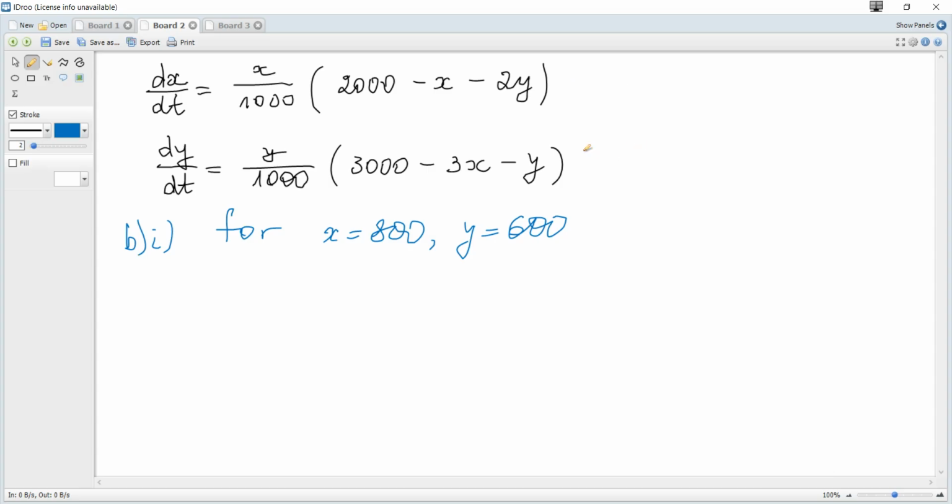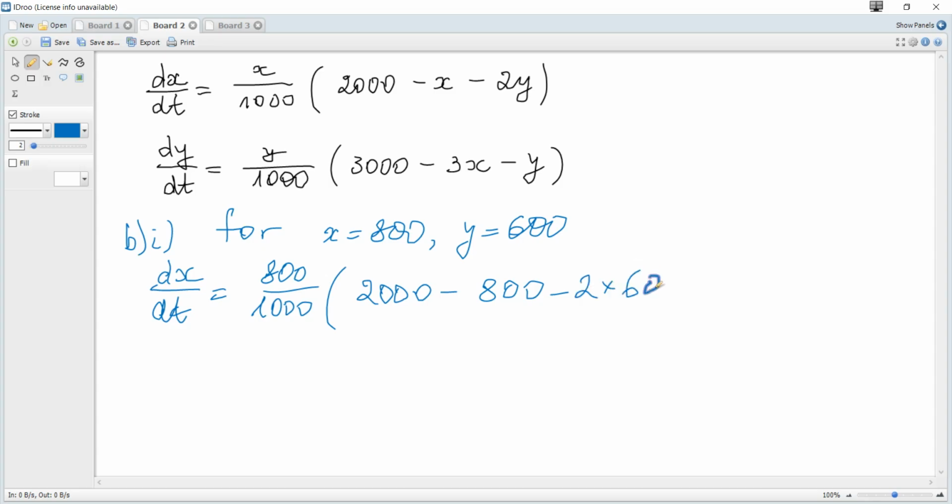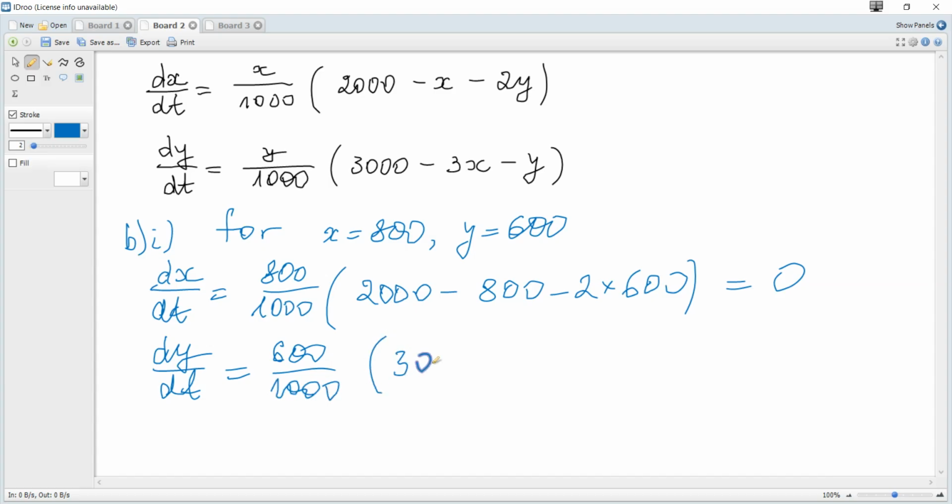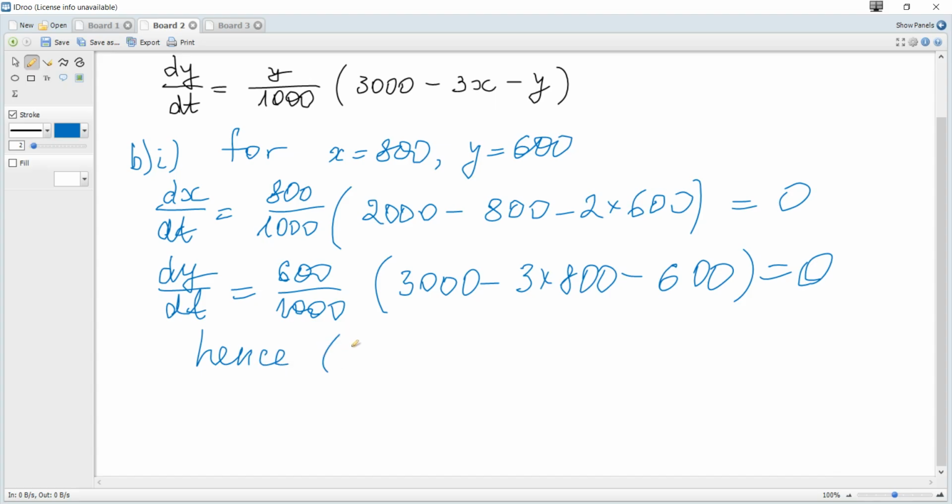So just substituting, we get, and it's clear that it's 0, and dy over dt, hence this point is an equilibrium point.